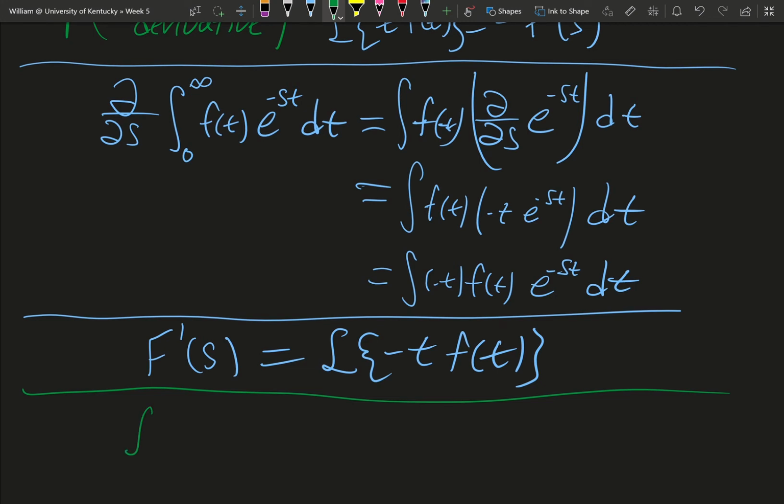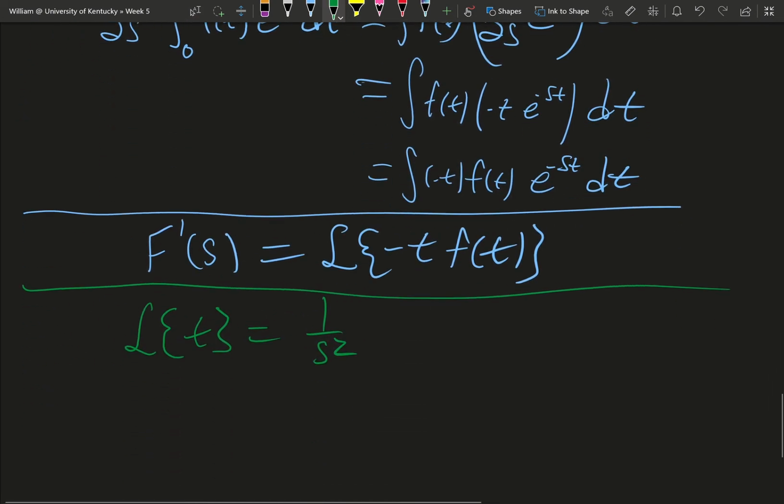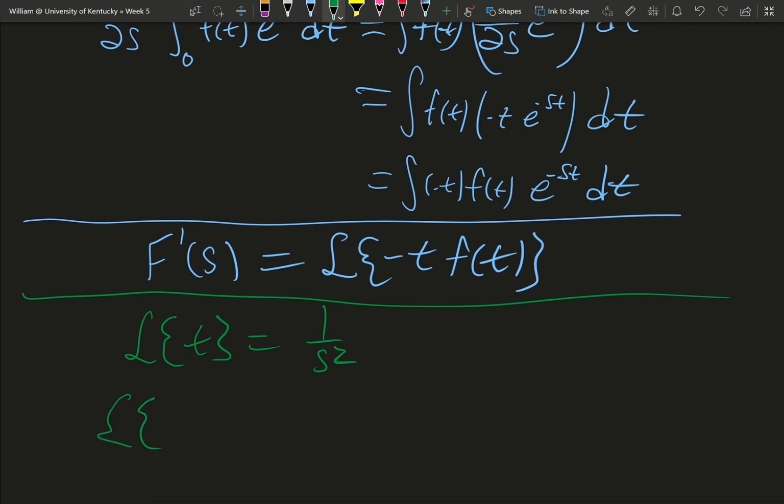I know that the Laplace transform of t is 1 over s squared. And this says that the Laplace transform of t times t is negative the derivative of 1 over s squared.